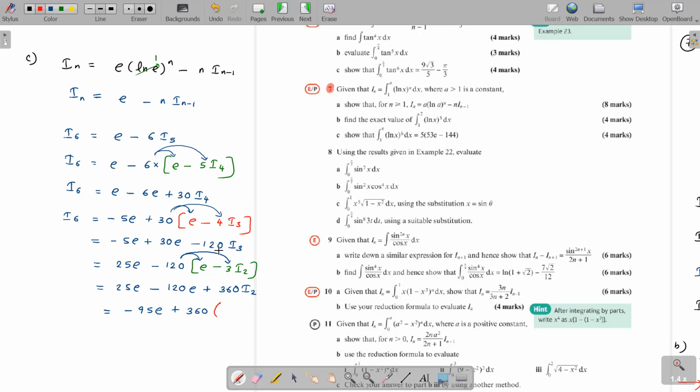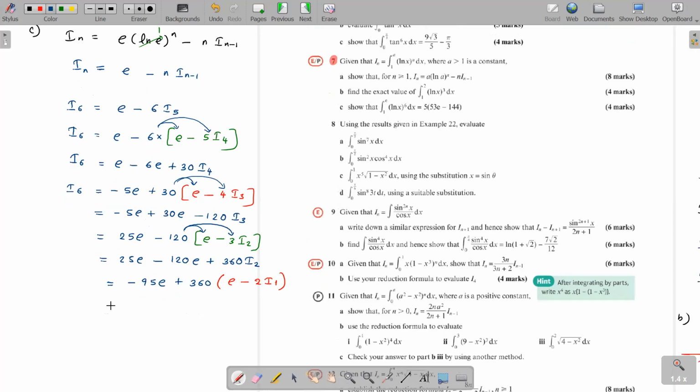Who is I2? Going back. e minus n is 2, so e minus 2 I1, 2 minus 1 is 1. Do you see? So replace back again. Open the bracket. Minus 95e, 360 into e is plus 360e, 360 into minus 2 is minus 720.